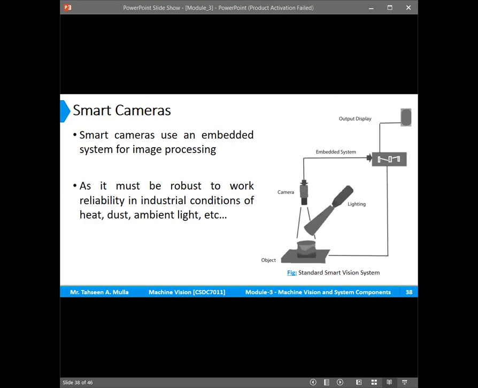Before it is displayed on your output screen, the captured image passes through an embedded system which identifies whether this image is of good quality or not. If it is not, some filters can automatically be applied, or the user can be asked to change settings so that they might get a better field of view of that image.